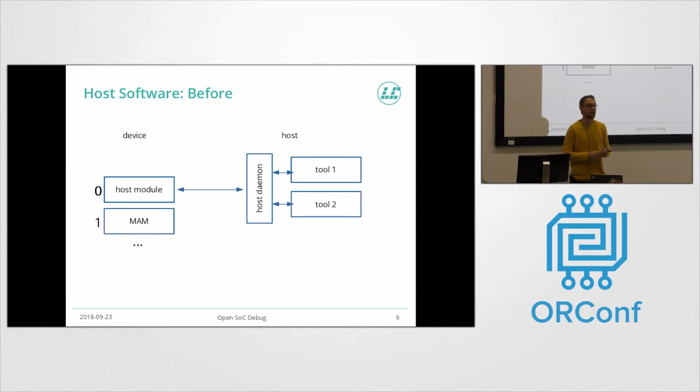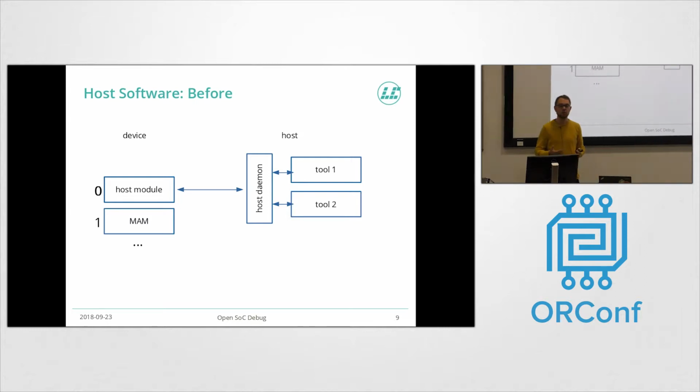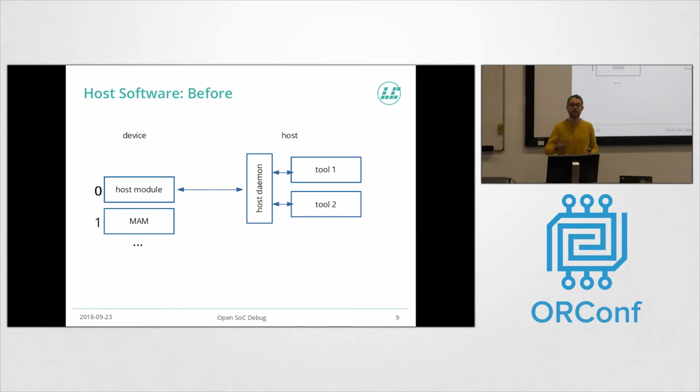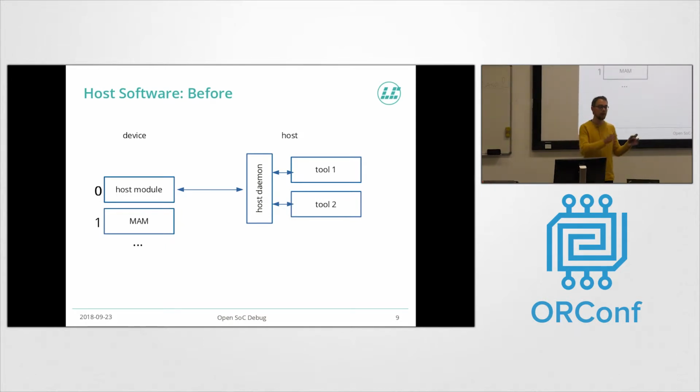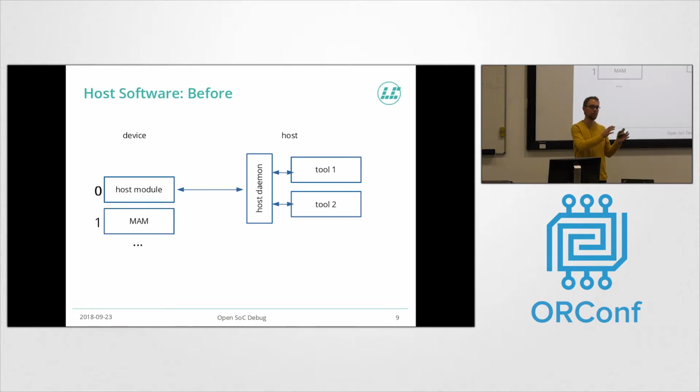Okay, so on the changes that I mentioned, as I said, we did a lot of work on the host software implementation. What we had before was a system that is a bit similar to what CoreSight and Nexus and other commercial tracing systems are doing. You have a very strict separation between the device, which has a modular setup also in, for example, CoreSight.